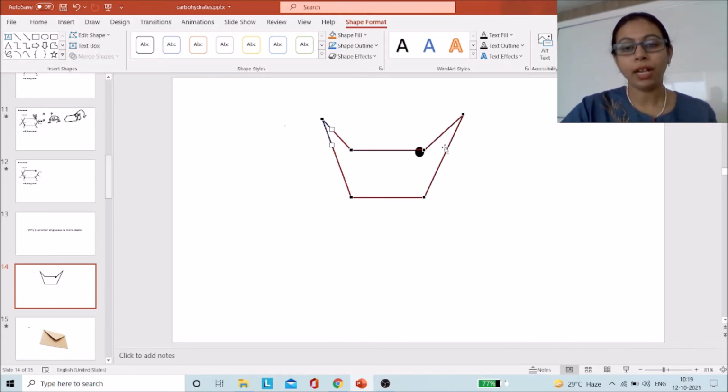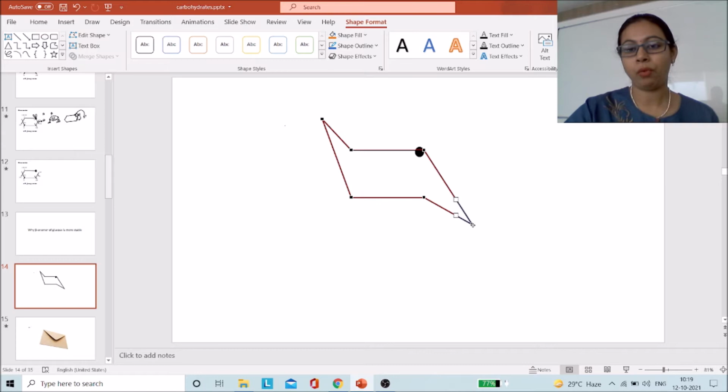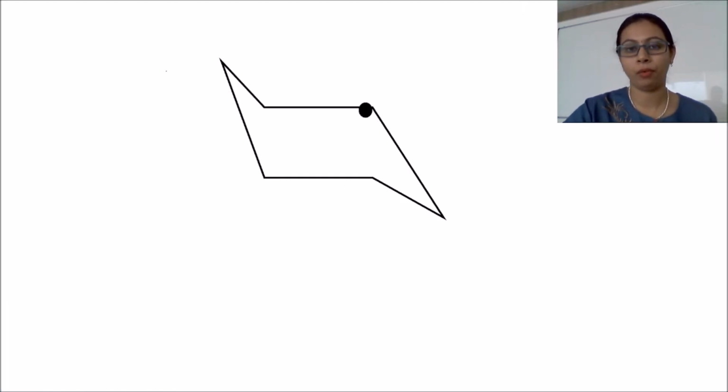So to avoid this and get into a more stable condition, the glucose molecule changes itself into the chair conformation. And in this conformation, again the condition is there whether it is an alpha conformation or a beta conformation. In beta conformation, it will be more stable as compared to the alpha conformation.